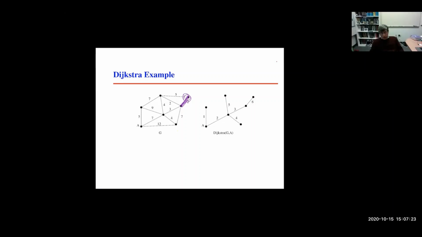So if we did Dijkstra's algorithm from here, the next most desirable thing is the edge of weight 2. The weight 2 is exciting because there's a path of weight 4 to here, right? It's not that the edge of weight 2 is so exciting.